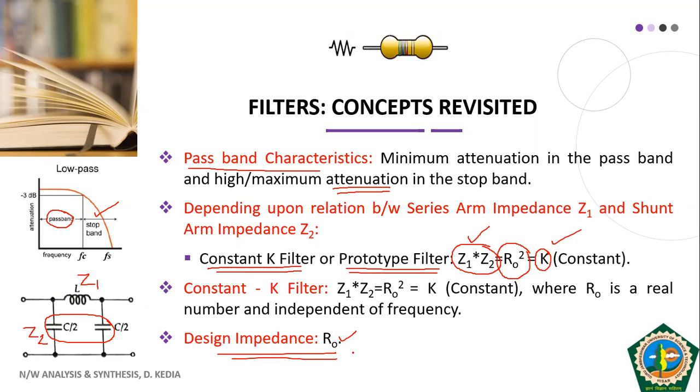Mind this, these are different things. R naught is a design parameter which is equal to under root K. Z naught is your characteristic impedance. This R naught is a real number and it is independent of the frequency. It does not depend on the frequency and it is a constant number.